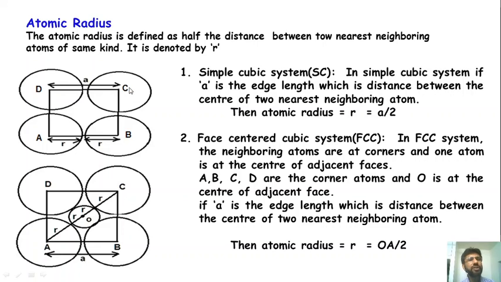From the center of these two atoms the distance is a, then the atomic radius is equal to a divided by 2.